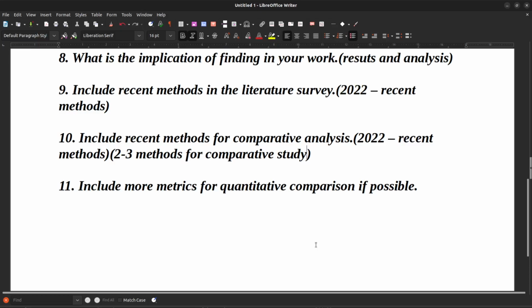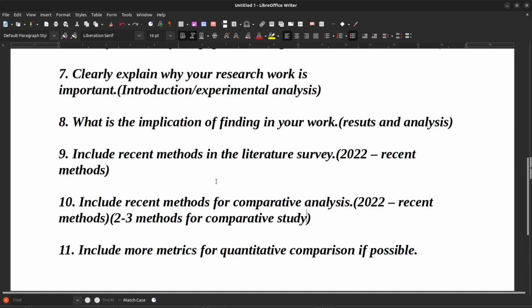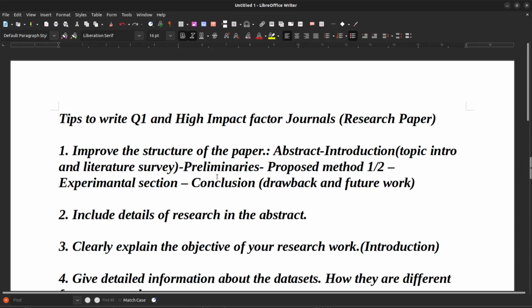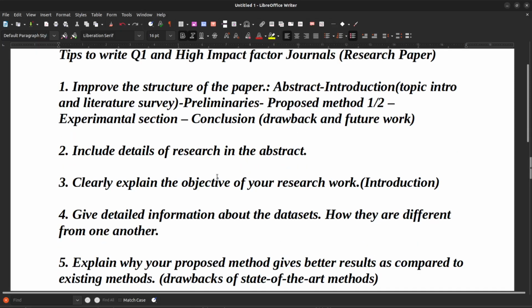So if you consider all these 11 points, your paper will go to the next level. The paper will become very high quality, and then you can submit it to a Q1 or high impact factor journal.